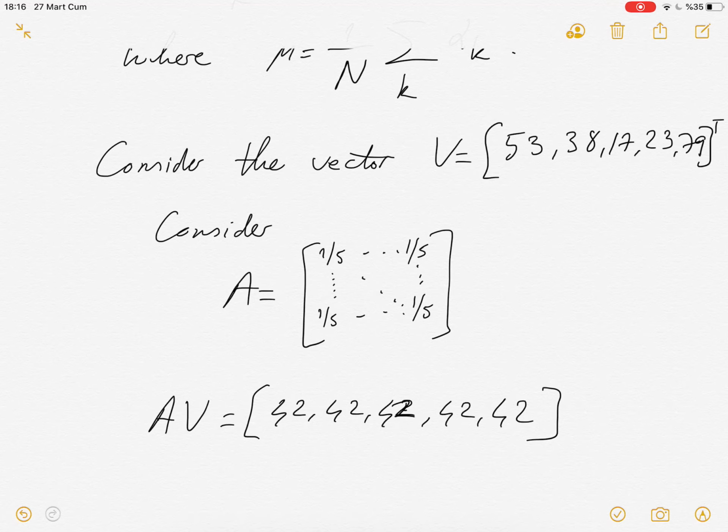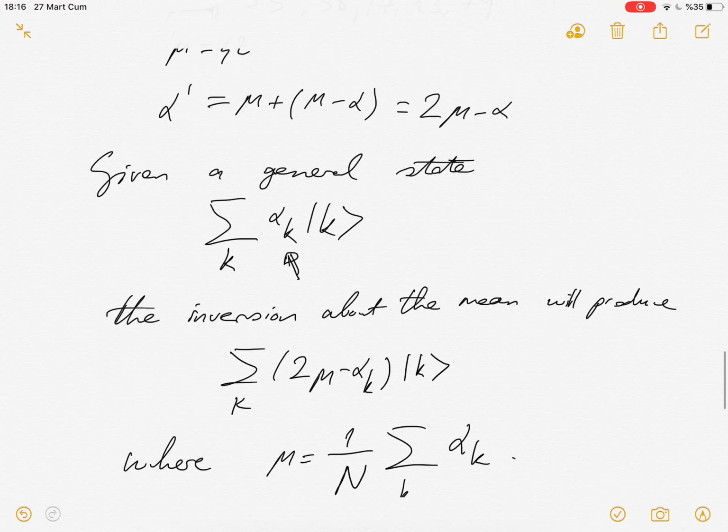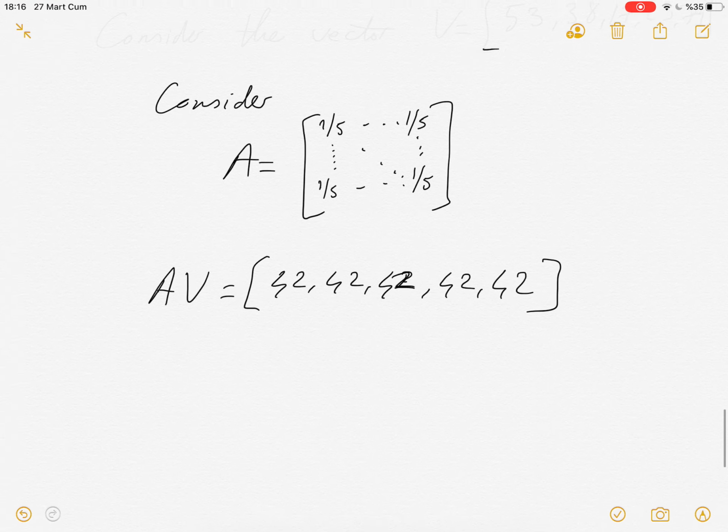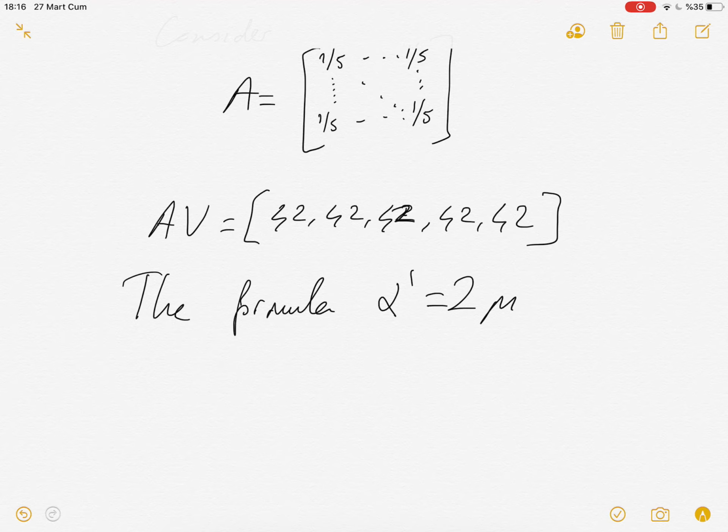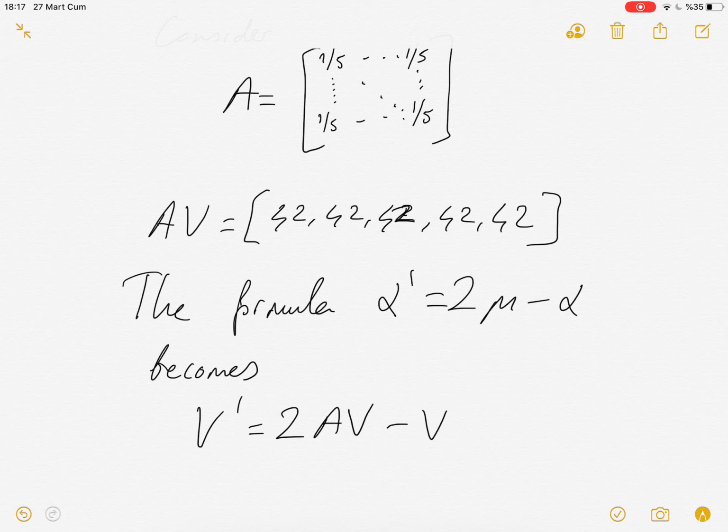In terms of matrices, the new value after the inversion is two times A times V minus V, which is equal to 2 times A minus the identity matrix times V. And the situation doesn't change if we worked with 2 to the n elements.